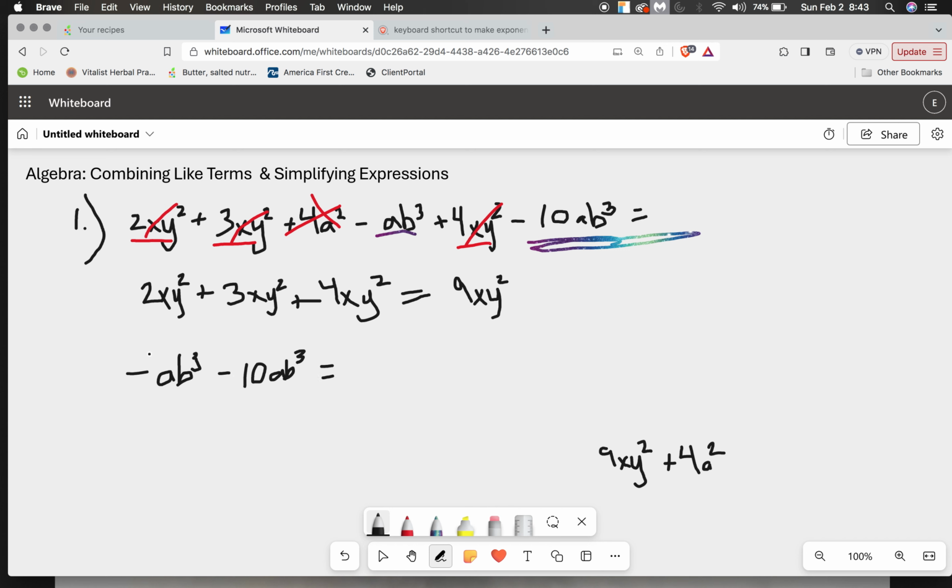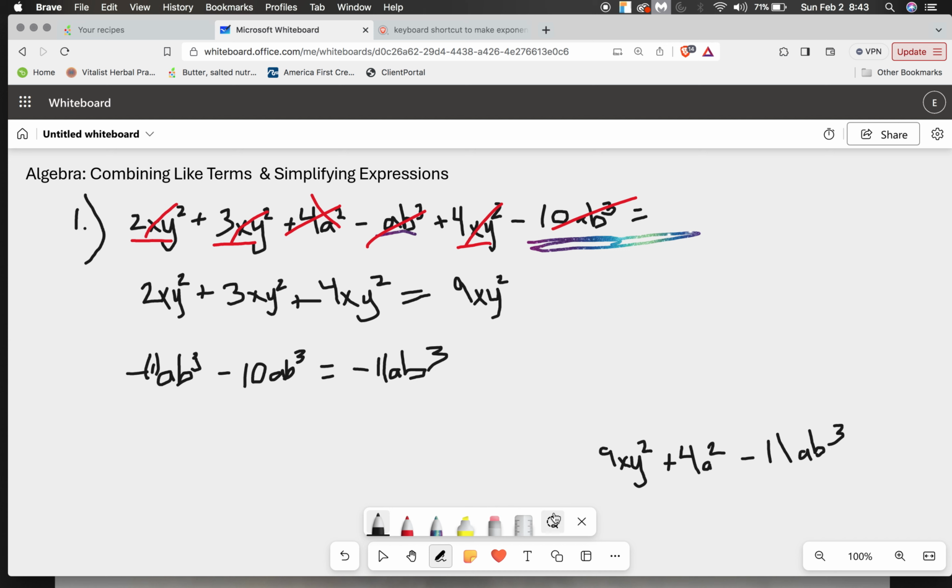Well, what is negative, oh, let's pretend there's a little imaginary 1 in there. Negative 1ab cubed minus 10ab cubed, that would be negative 11ab cubed. So that takes care of those terms, which brings us over here to negative 11ab cubed.